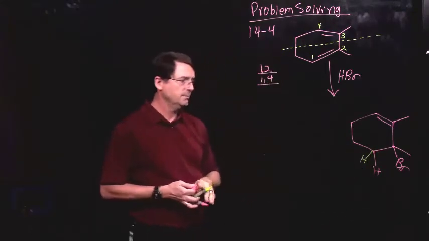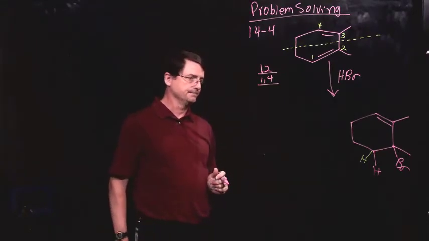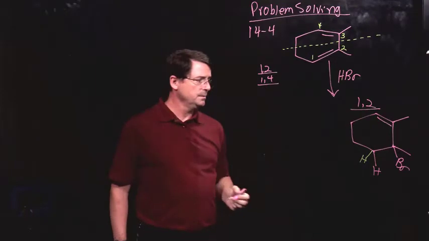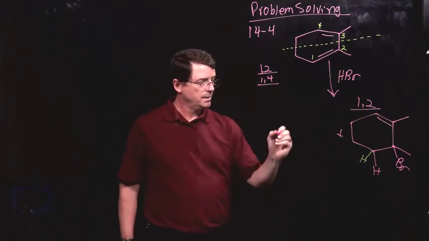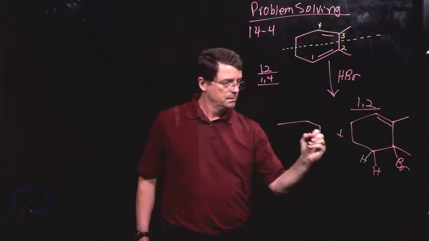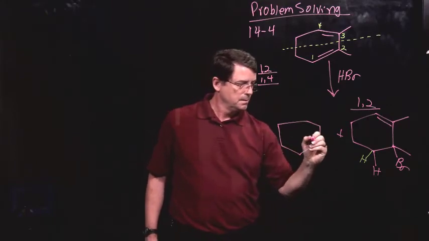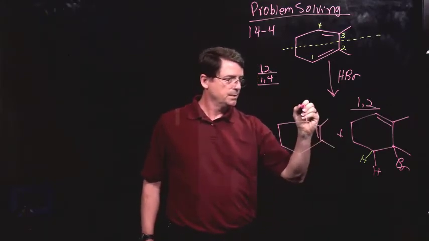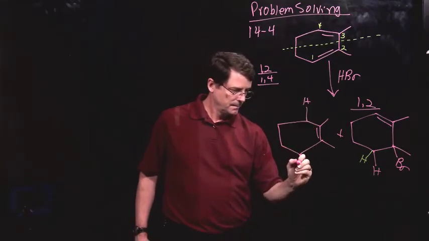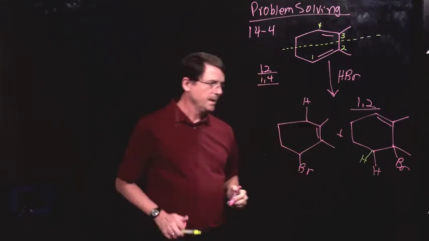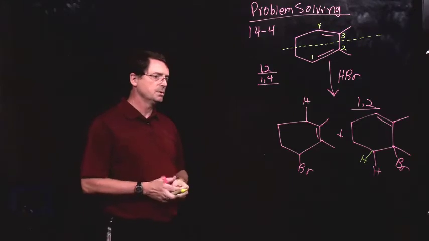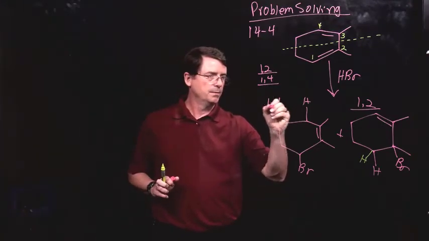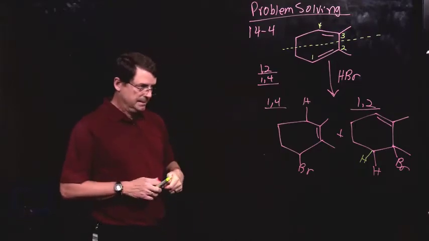I'm just trying to emphasize the ones that we're adding. So this is the product of 1,2 addition plus the product of 1,4 addition. And I hope you can see that those two are different compounds. So here is the 1,4 product.